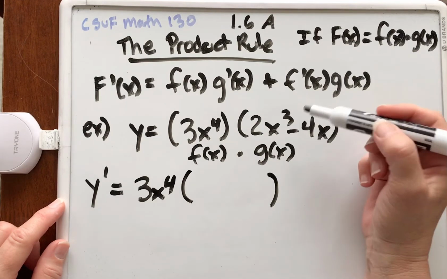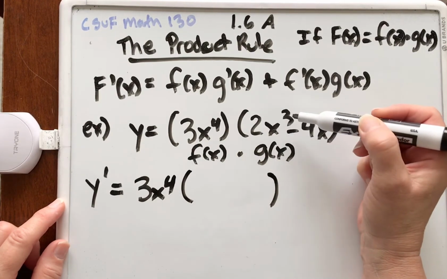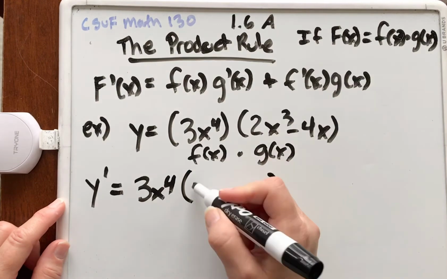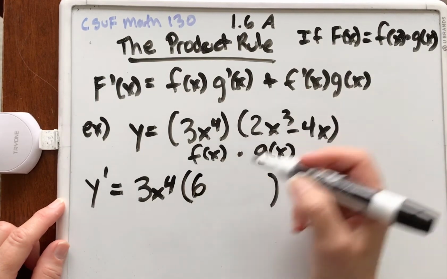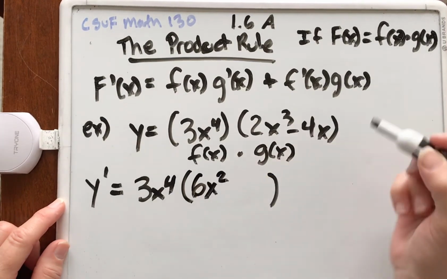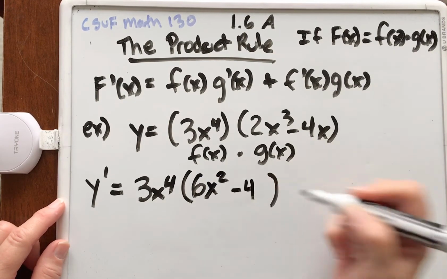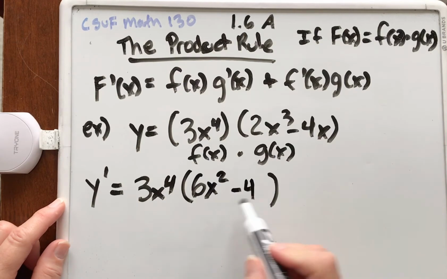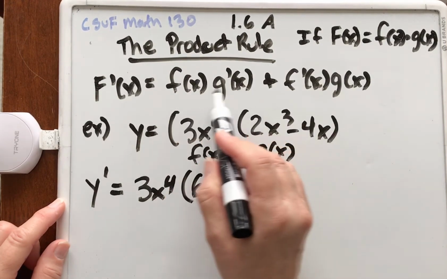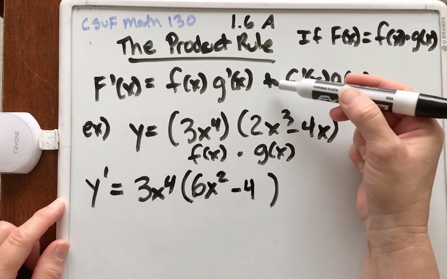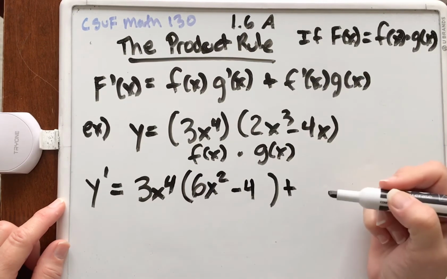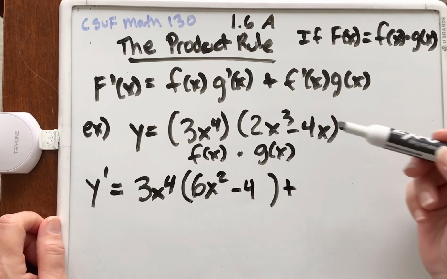So we're calling this g of x. So let's take the derivative. The derivative of this term, 3 times 2 is 6, minus 1 from 3 is 2. The derivative of negative 4x is just minus 4. So far what we've done is right here. That's all we've done. Now we're going to put a plus sign. We're going to take a derivative of f of x.